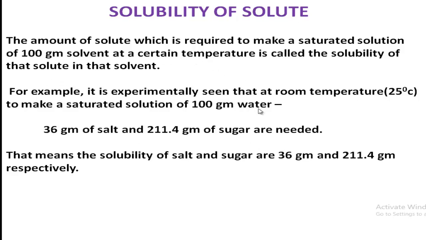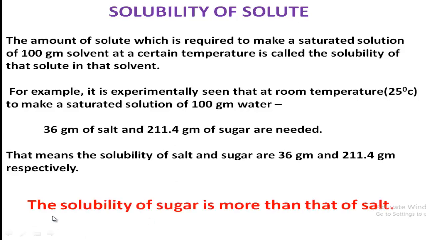So now, comparing these two amounts, what do you think? Yes, to compare two solutes, we can compare their solubility power, isn't it? So from these results, we can say the solubility of sugar is more than that of salt, because to make a saturated solution of 100 gram water, 211.4 gram sugar is needed, whereas in case of salt only 36 gram is needed.